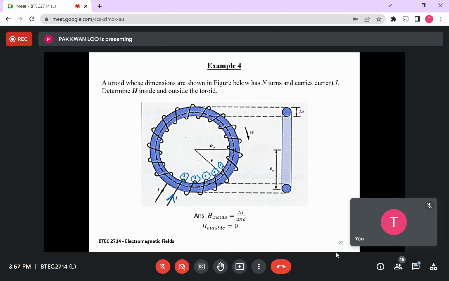Going in is not a dot, it's a cross, sorry. So into the page it is a cross, and at this point here it is going out from the page.